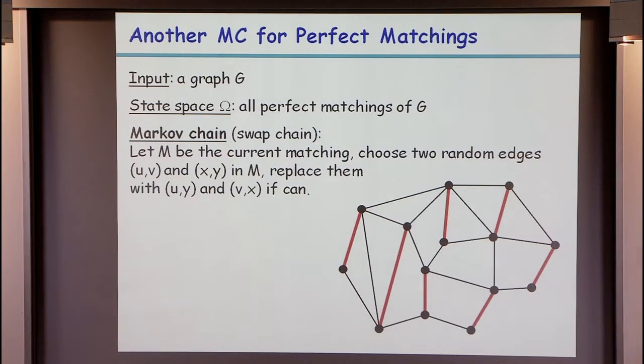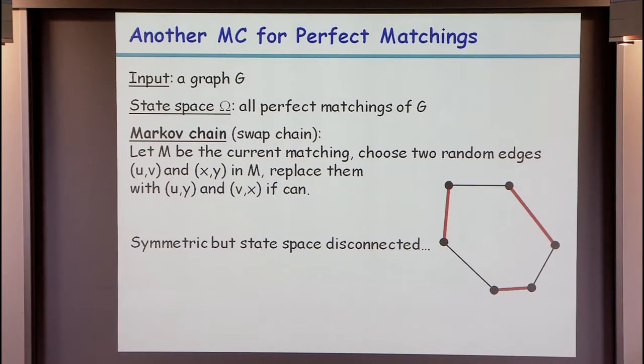And, well, you might immediately suspect that there is something funny going on. Well, if I choose these two random edges, I can't do the swap, so I don't. That's fine. That's kind of like a little self loop, staying within the same state. But still, there is a bit of an issue.